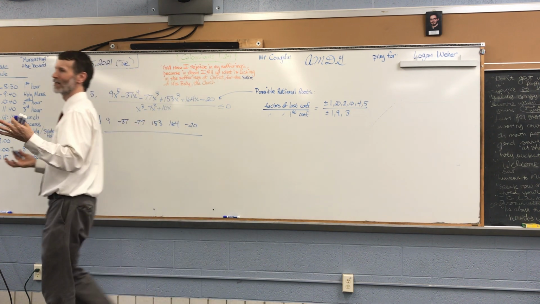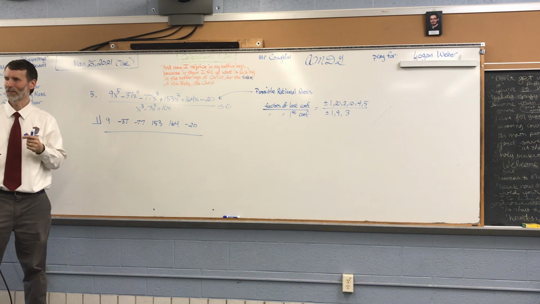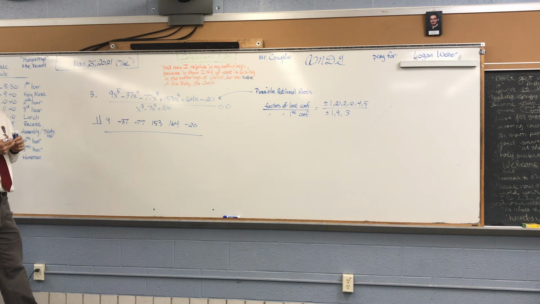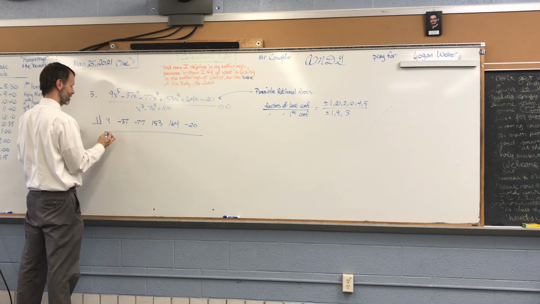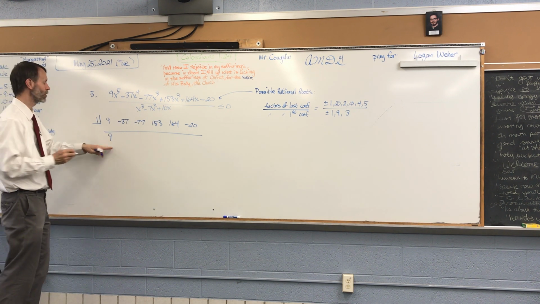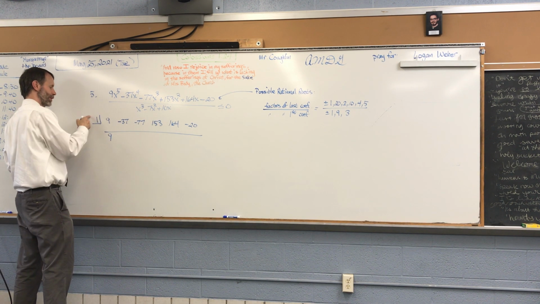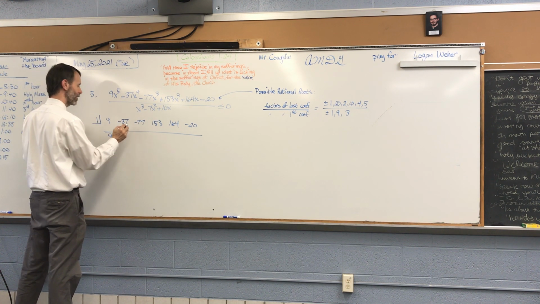How do you run synthetic division? Sophie, help me out here. What do you do first? Add. So 9 plus nothing is 9, then what? Then you multiply. So you add, multiply, add, multiply. Okay, 9 times 1 is 9. Go ahead and add.